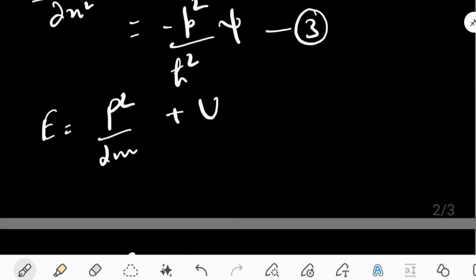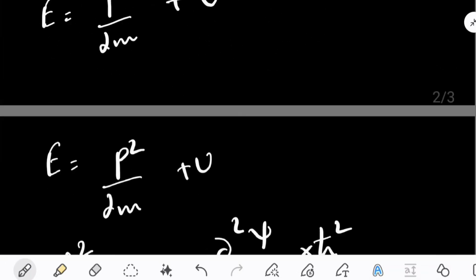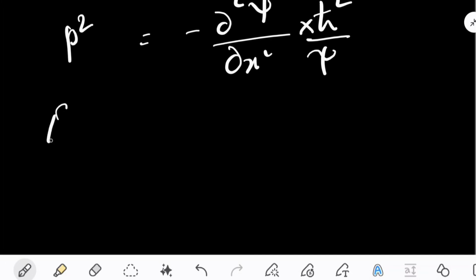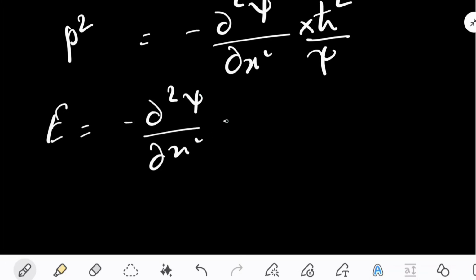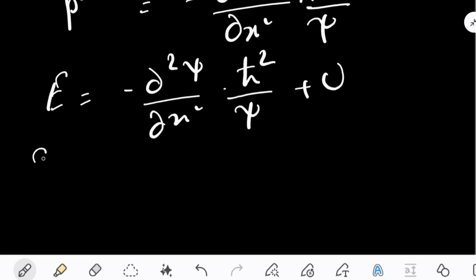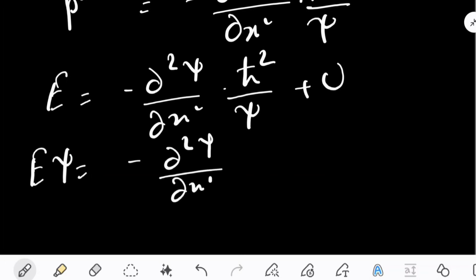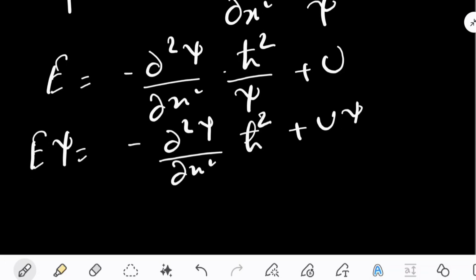Now let's substitute this quantity over there. You get E is equal to negative del 2 psi by del x square into h bar square by psi plus U. Now you get E psi is equal to negative del 2 psi by del x square into h bar square plus U psi.